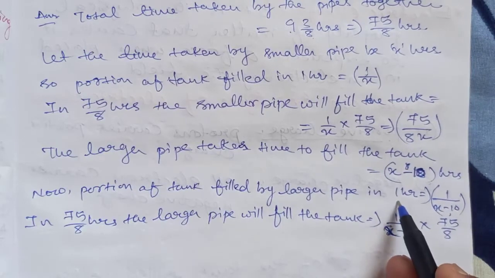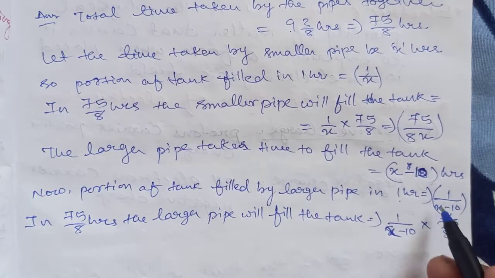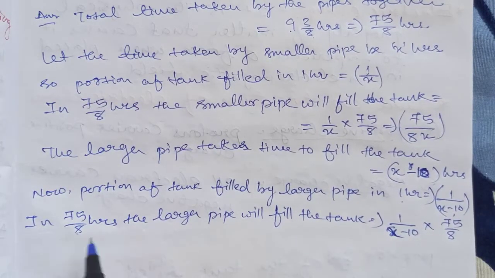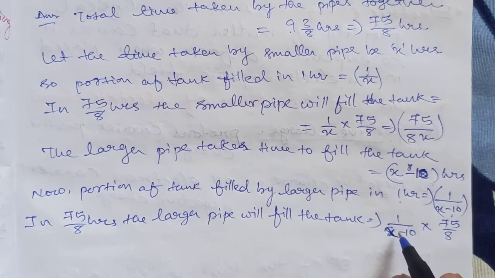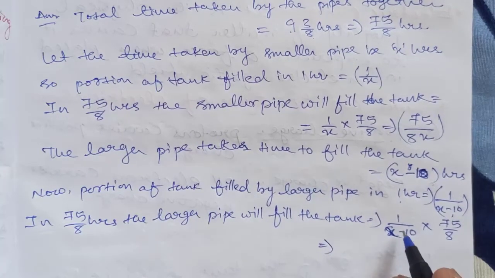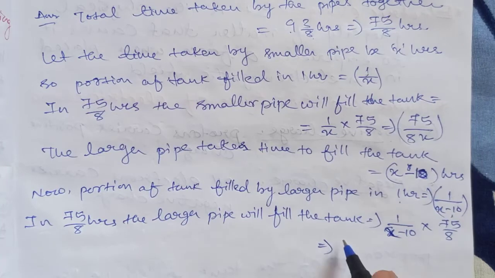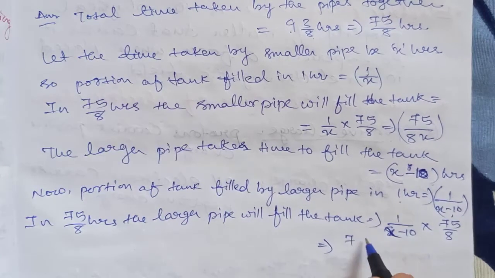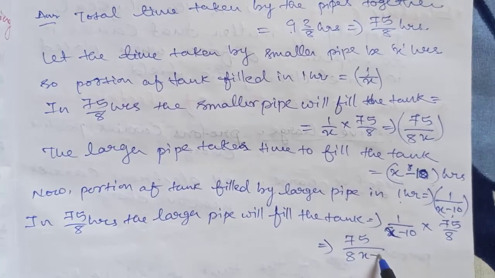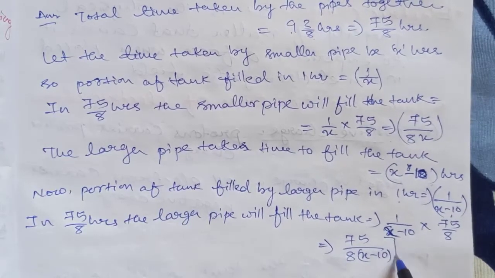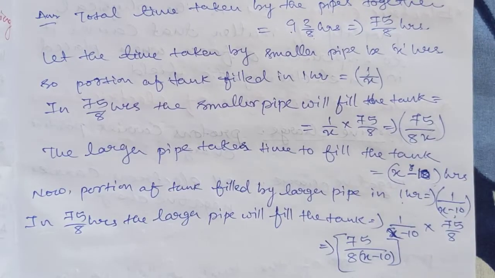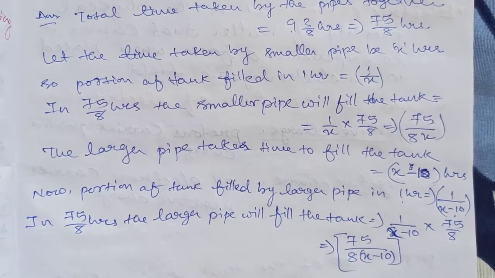If in 1 hour it is filling 1 by x minus 10 portion, then in 75 by 8 hours it will fill 75 by 8 into 1 by x minus 10 portion. Okay, this much portion of the tank will be filled by the larger pipe in 75 by 8 hours.